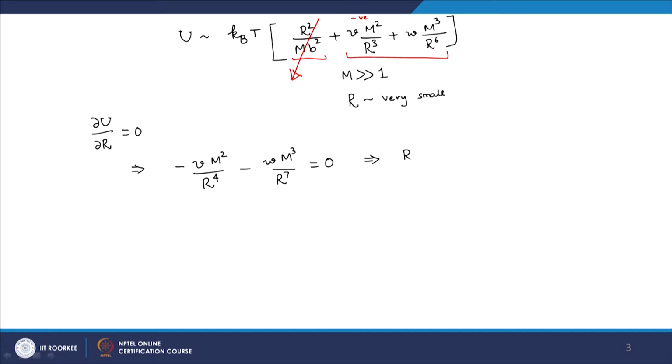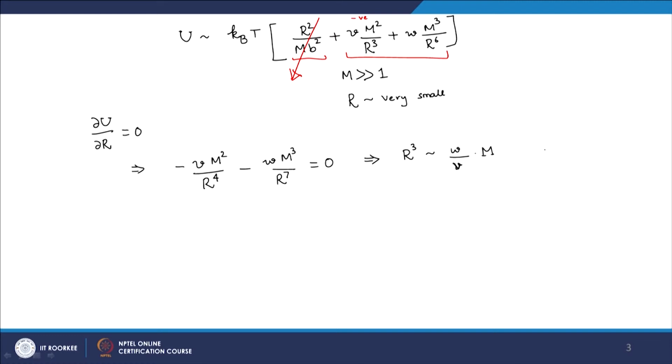Which gives me R cube is like W by V to the power m.